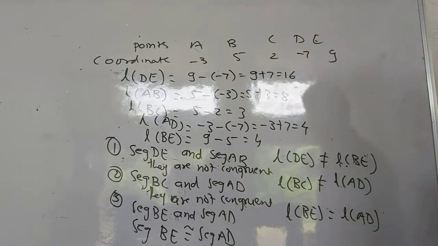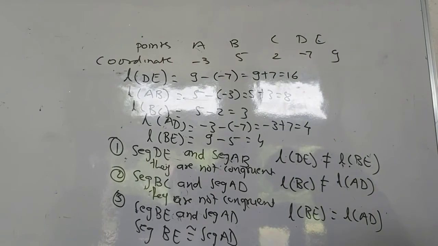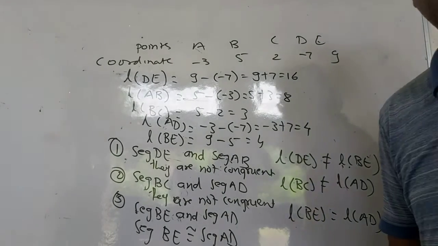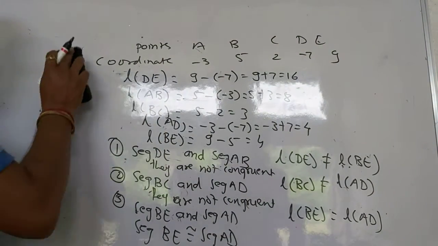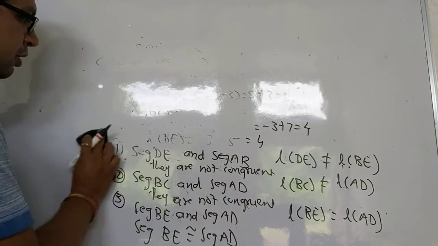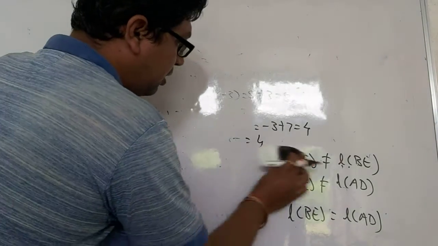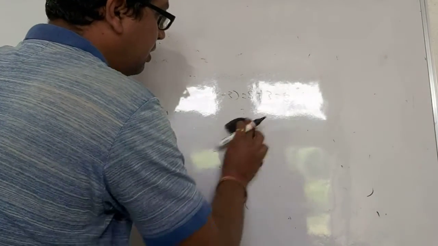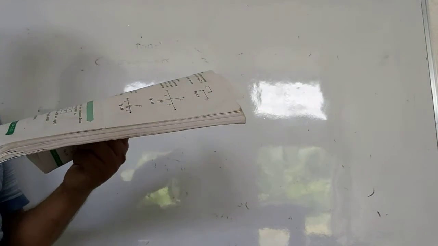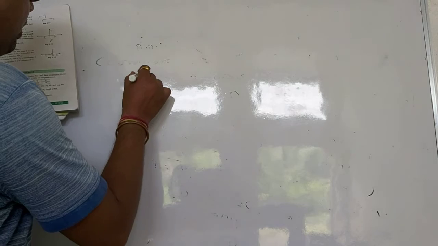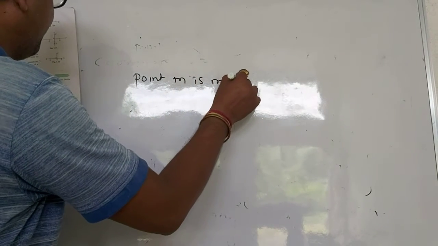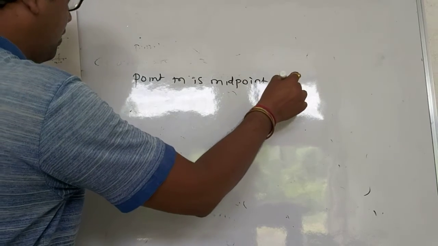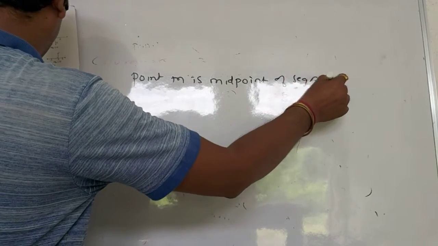Now we will see question number second. Point M is the midpoint of segment AB.